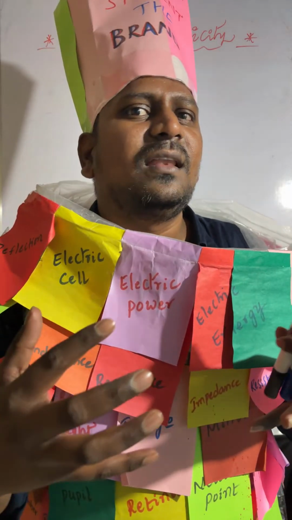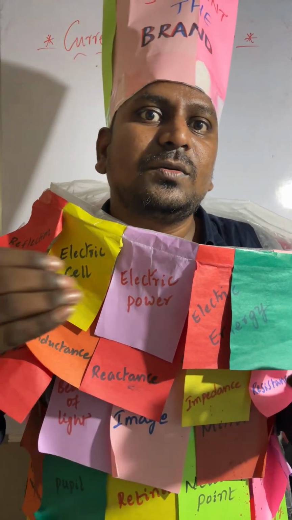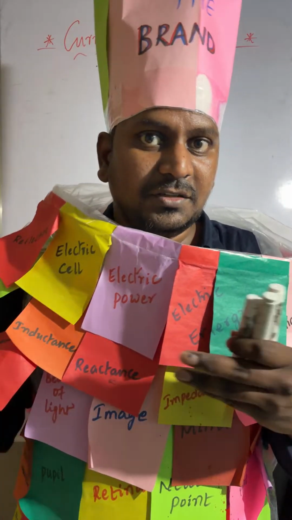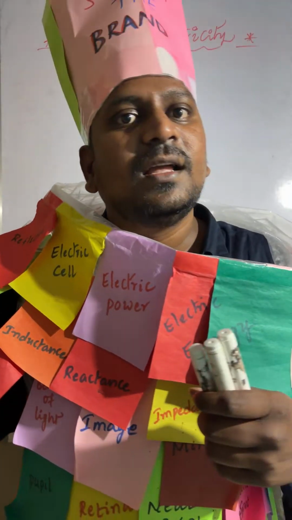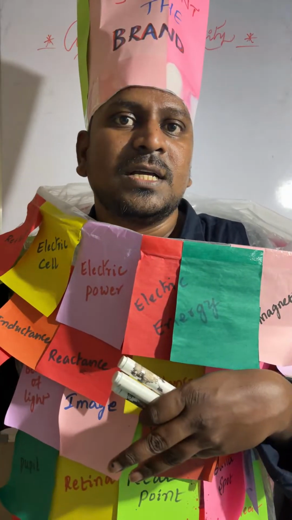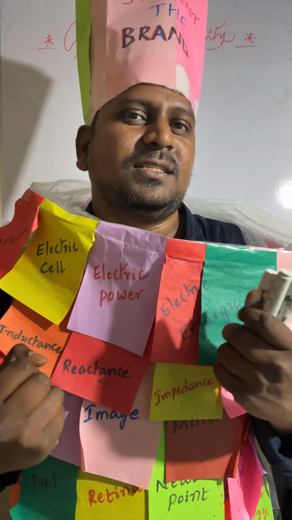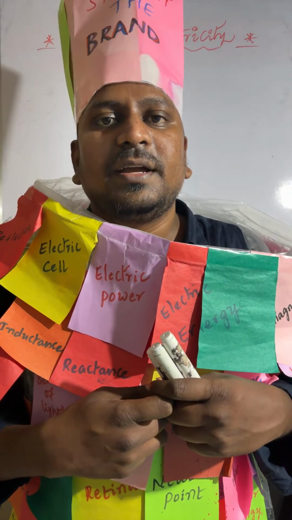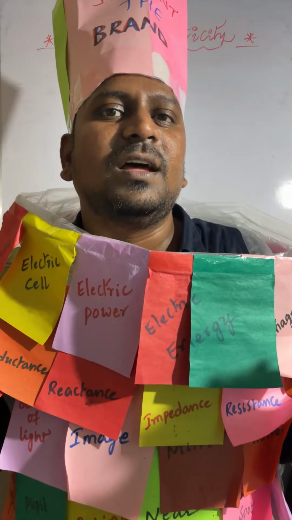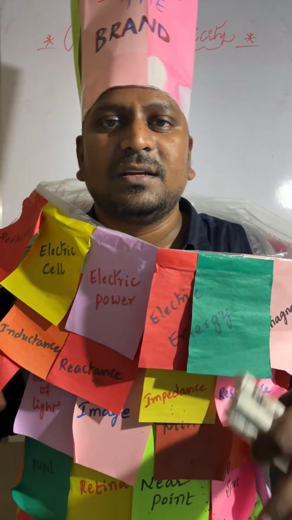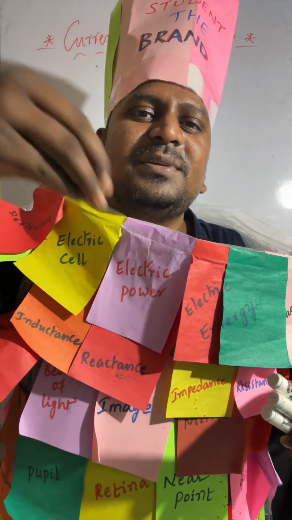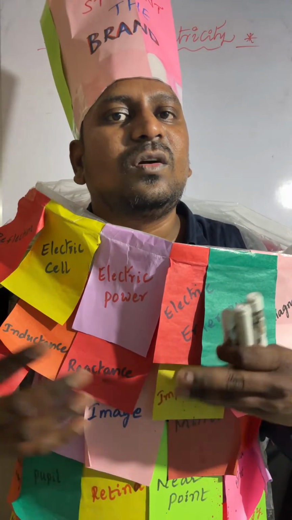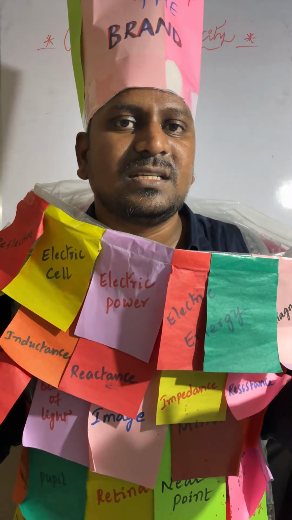Moving negative terminal to positive terminal through the electrolyte, it experiences internal resistance, which is small r. Capital R is the external resistance, like bulbs and all the devices we connect outside. Internal resistance means within the cell, when electrons move, they encounter a resistance.